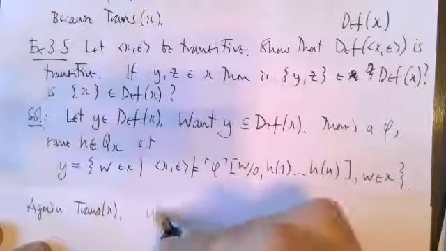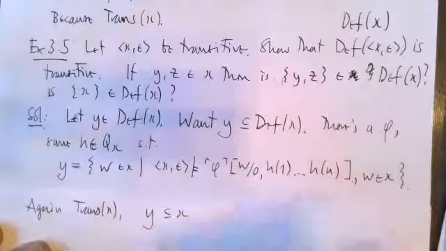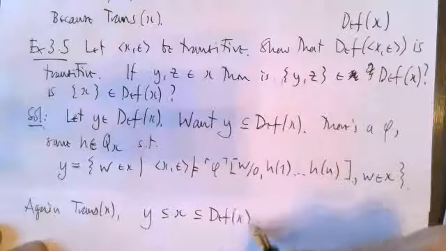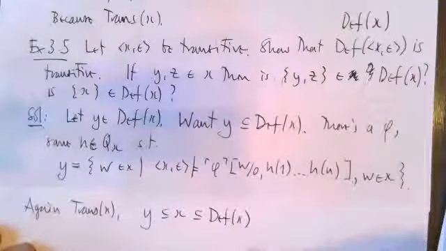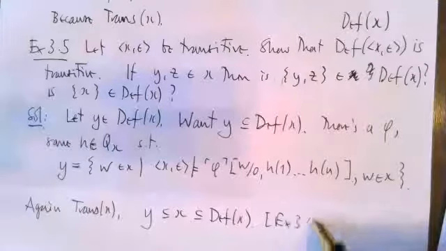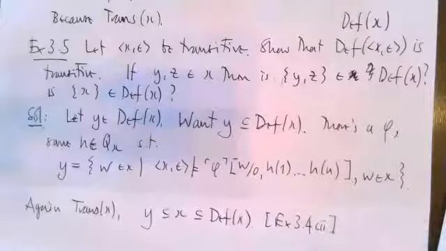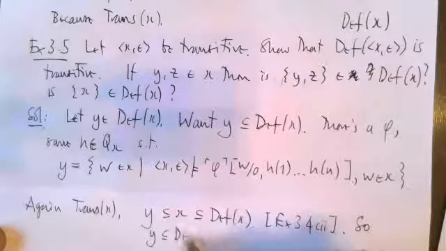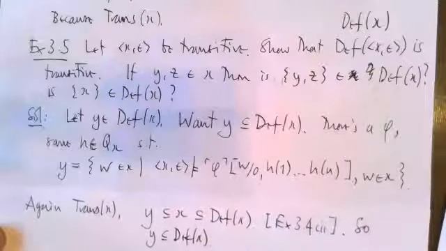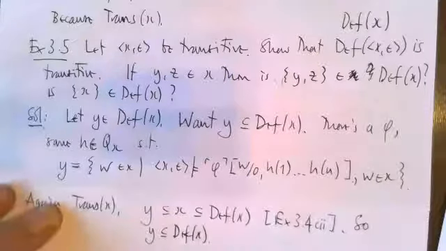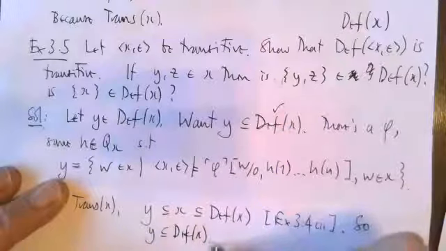Y here is a subset of X, but we know that X is a subset of def X. That was the previous exercise, part 2. And this is what we wanted: Y is a subset of def X. So we got what we wanted here.